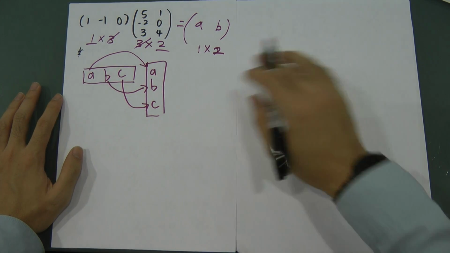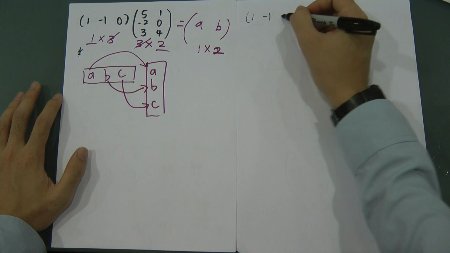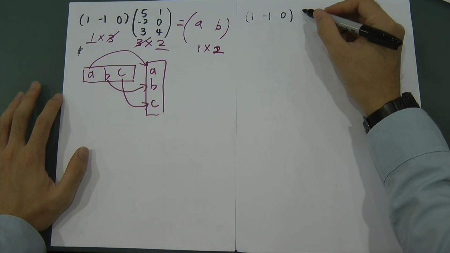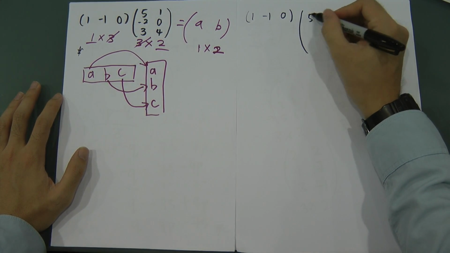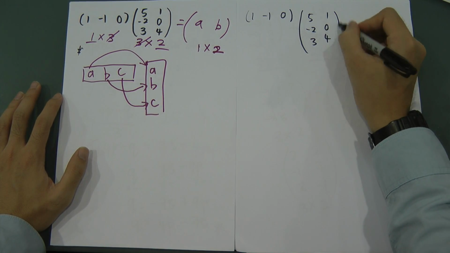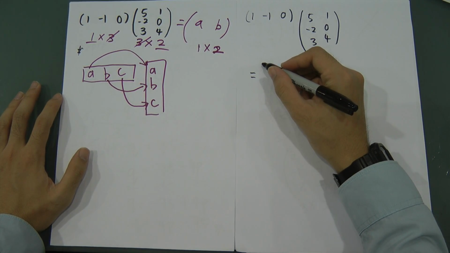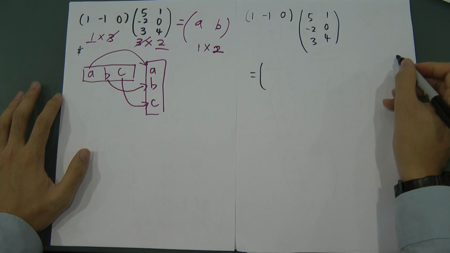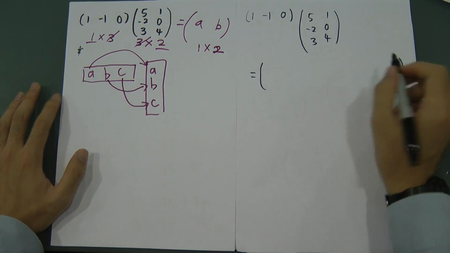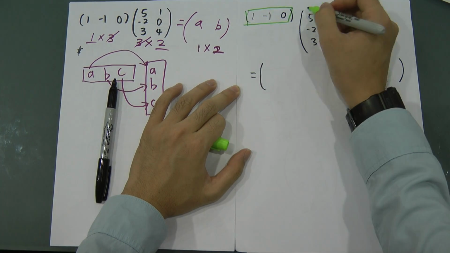Okay, let me write over here. So this is 1, -1, 0, and then this is 5, -2, 3, 1, 0, and 4. Okay, so I will get 2 answers. So let me do, okay, horizontal multiple vertical.